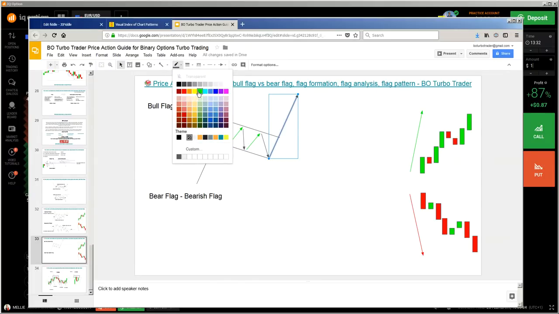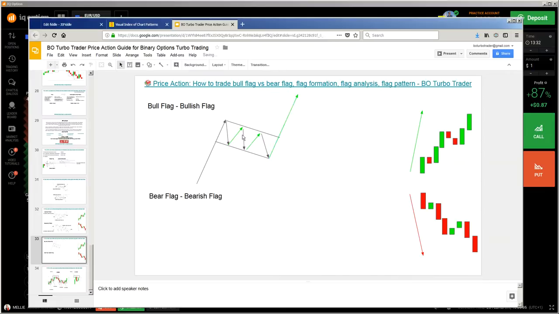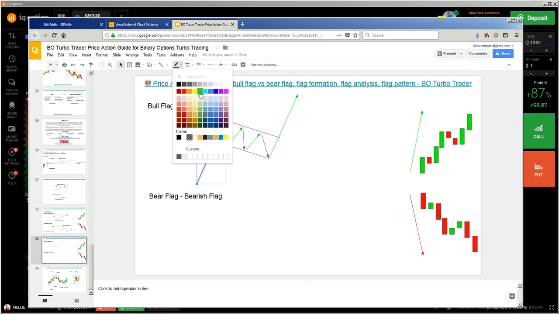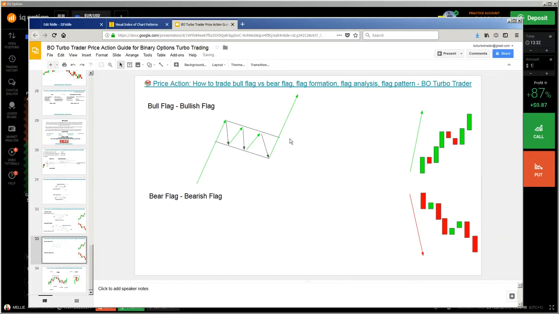In binary option turbo trading, you always trade such things, the minor uptrend, which you are going to trade. This is a flagpole. And you have to adapt this to your strategy. You can also trade these two parallels.